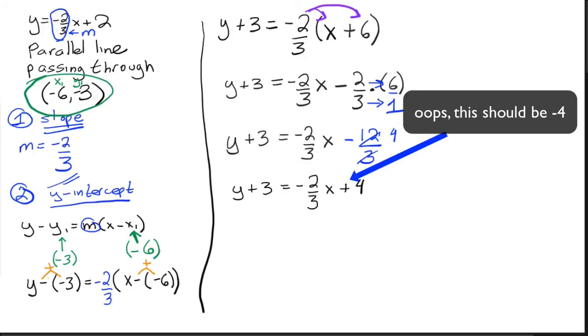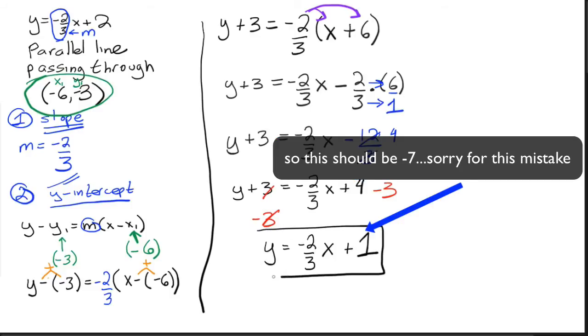And then I have one last step, and that is that I need to move this 3 over to the right. So I'm going to subtract 3 from both sides to do that. And so then I end up with y is equal to -2/3 x plus 1.